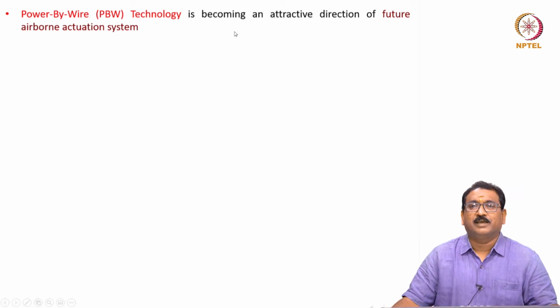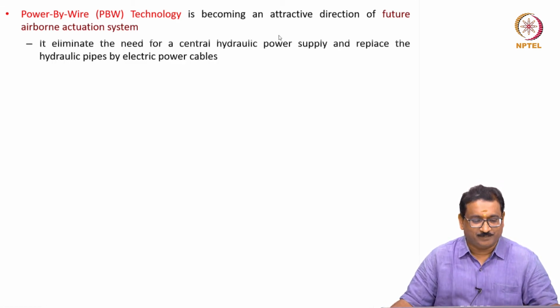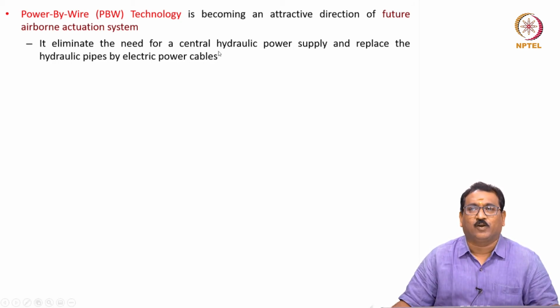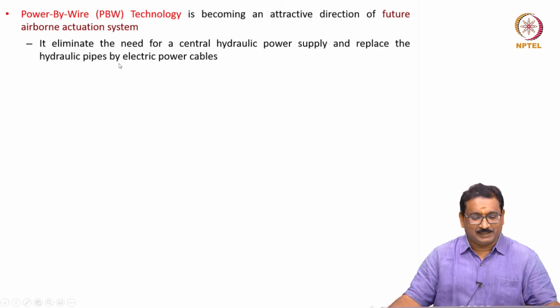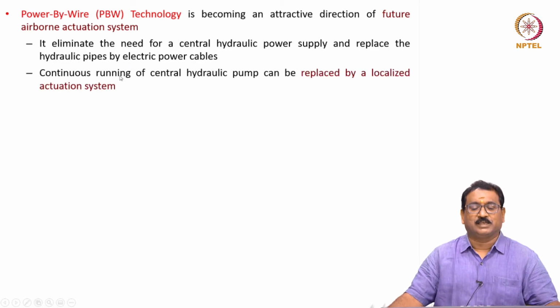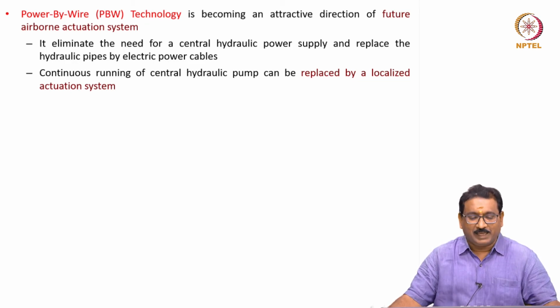PBW technology is becoming an attractive direction of future airborne actuation system. It eliminates the need for a centralized hydraulic supply and replaces the hydraulic pipes by electric power cables. Continuous running of the central hydraulic pump can be replaced by a localized actuation system.